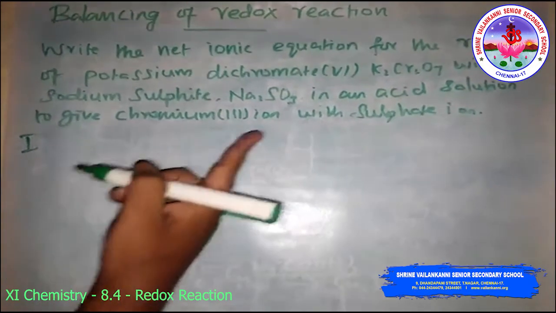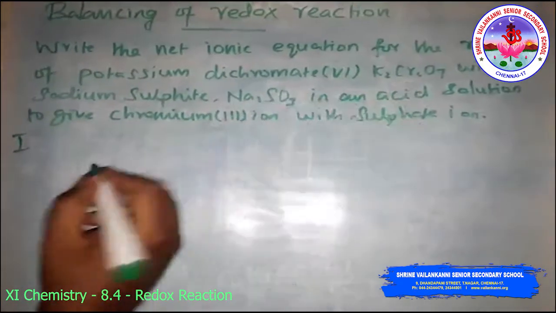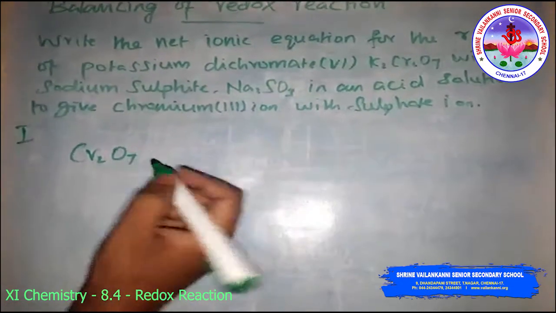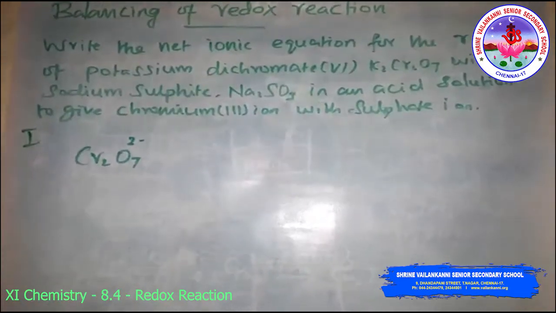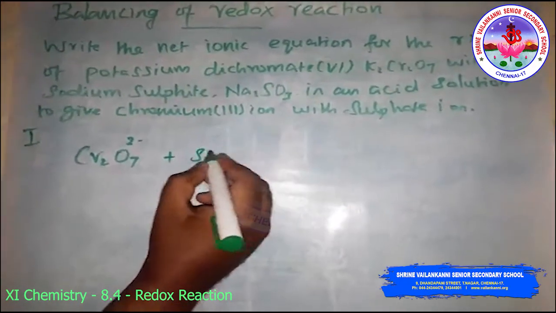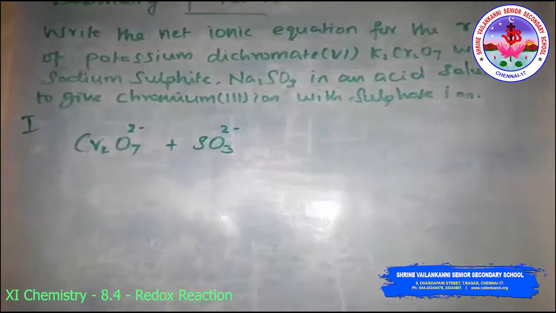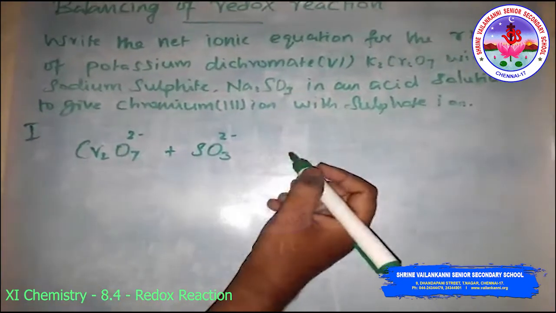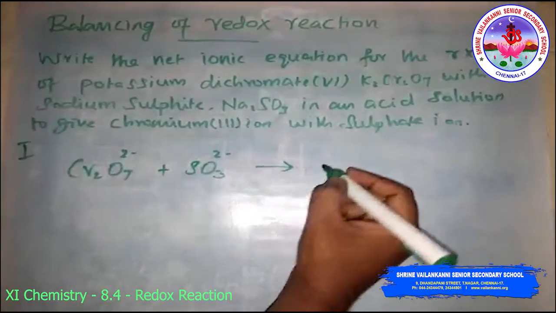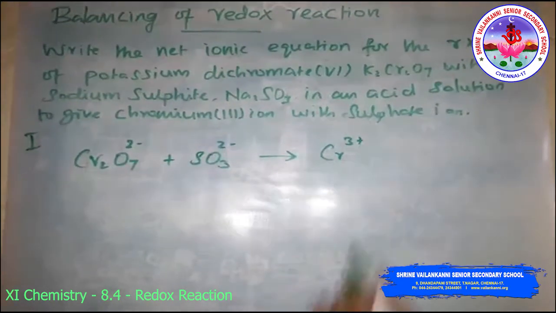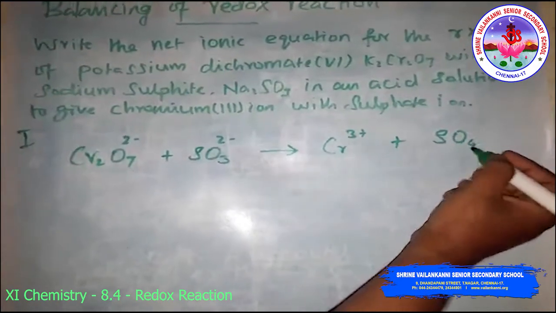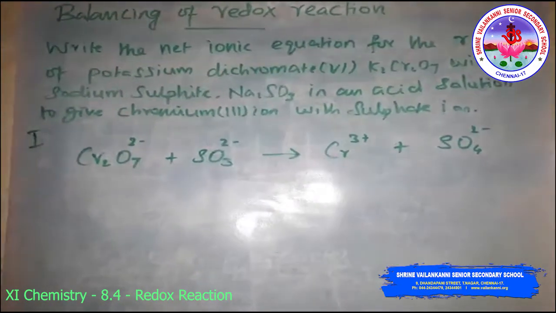The dichromate ion, Cr2O7 2-, reacts with sulfite, SO3 2-, in acid solution to give chromium 3+ ion and sulfate ion. All are in the aqueous state. So this is the skeletal form.